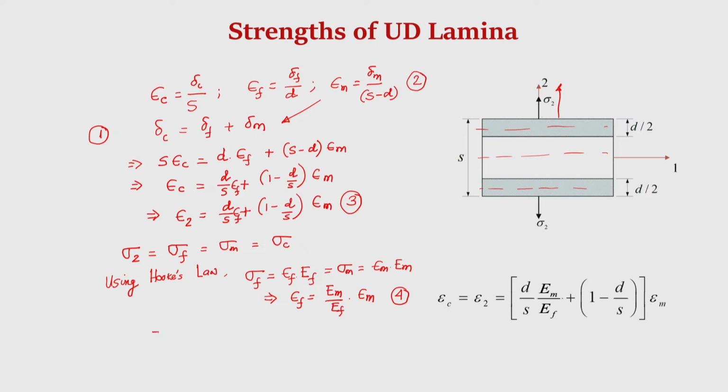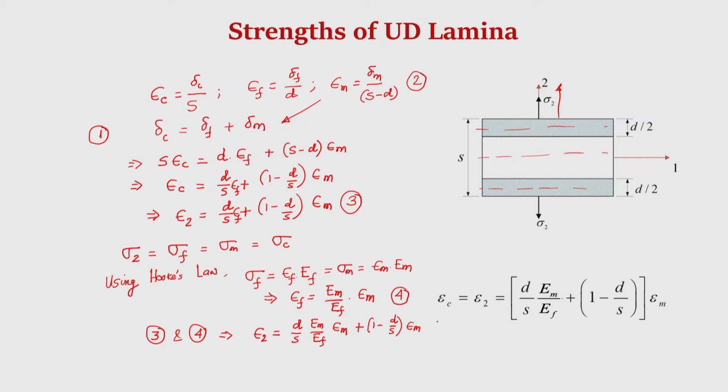Now, putting 4 in 3 implies epsilon 2 is equal to d by S E m by E f epsilon m plus 1 minus d by S epsilon m.